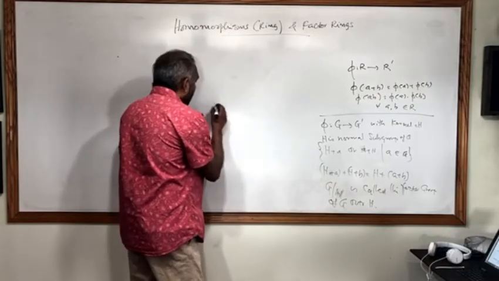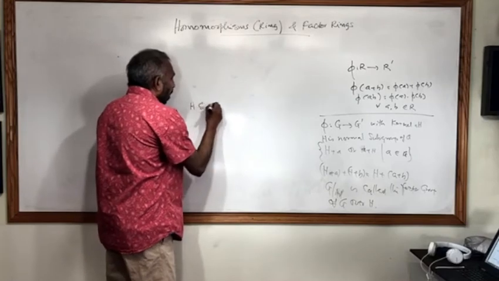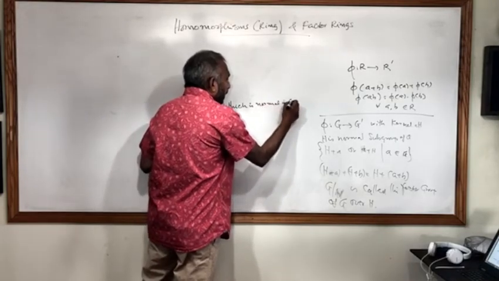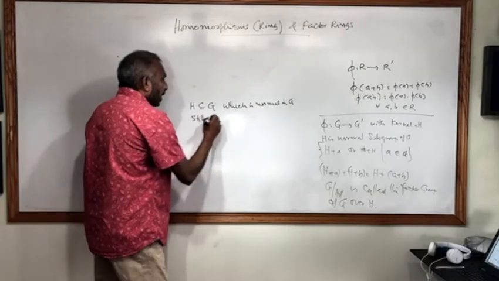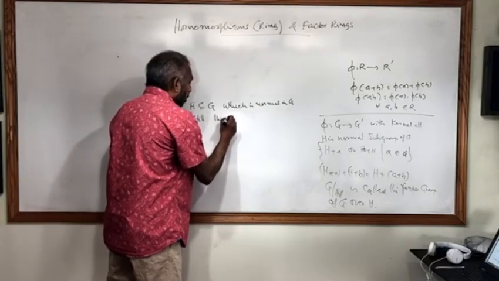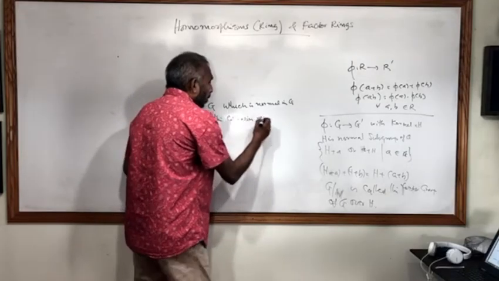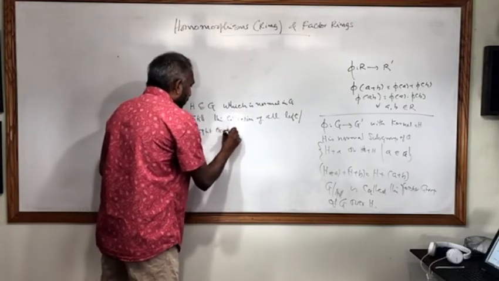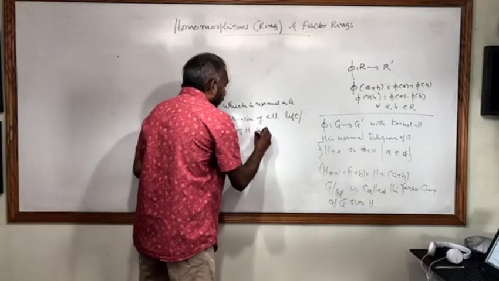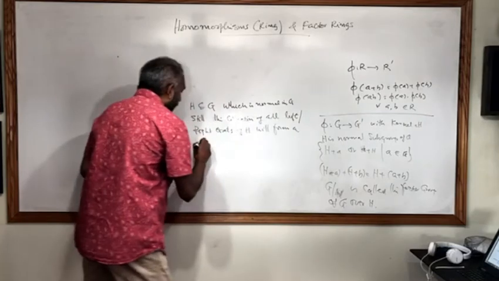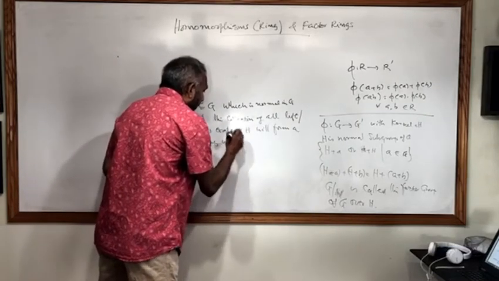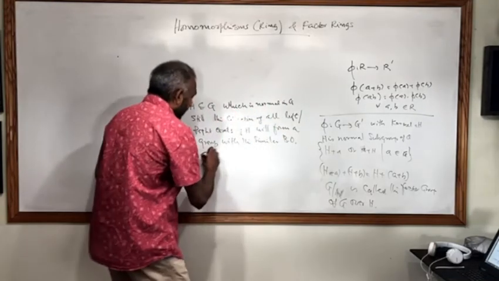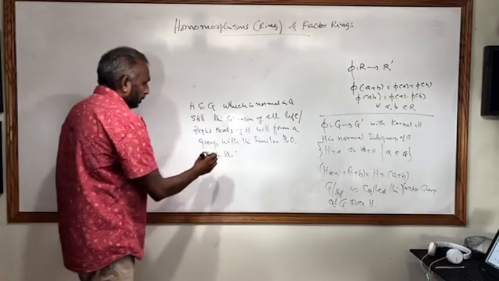If you take any subgroup H of G which is normal in G, the collection of all left or right cosets of H will still form a group with a similar binary operation as in the kernel of phi.